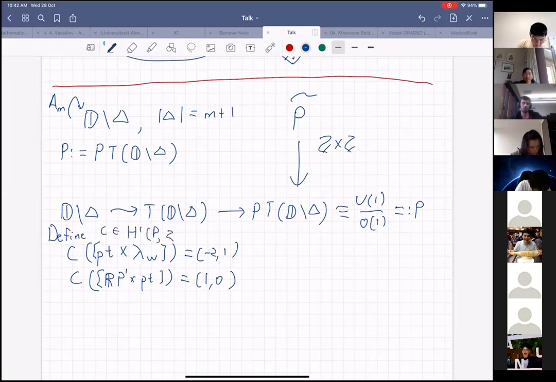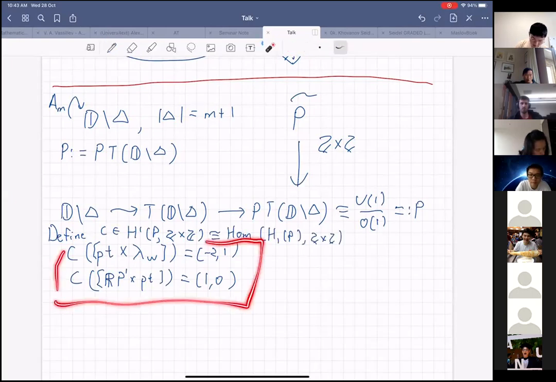Okay, so continue. To define this Z cross Z covering, we define a class in first cohomology, which is equivalent to giving a homomorphism from the first homology to Z cross Z. And this is the function we define.